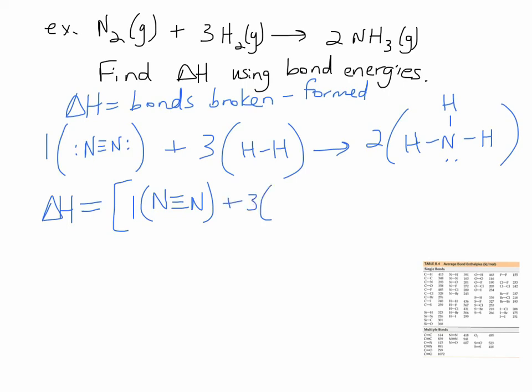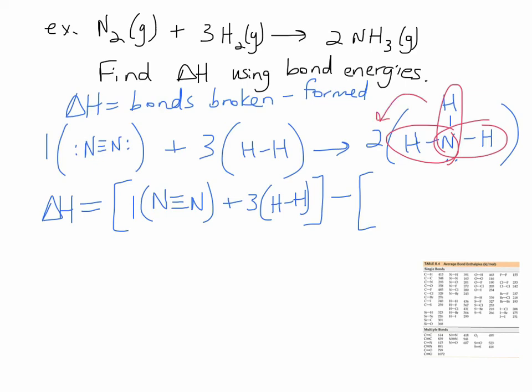And we're also going to break 3 H single bonded to H. So those are the bonds we break in our reactants, minus the bonds formed in our products. Notice that we have 1, 2, 3 N to H bonds inside the parentheses, but times 2 makes 6 N to H bonds total.